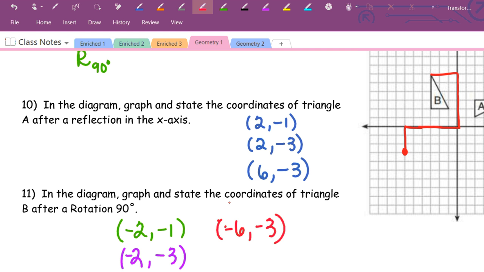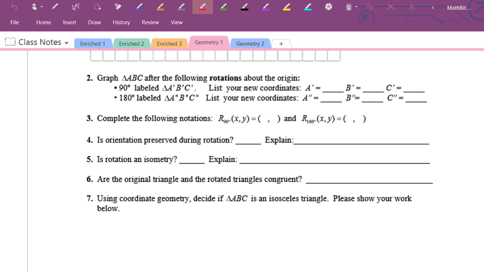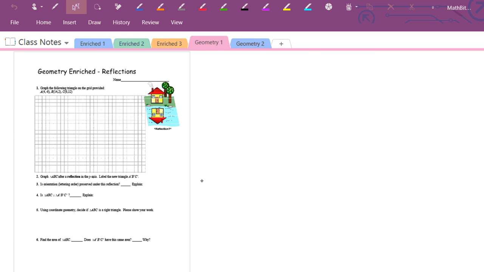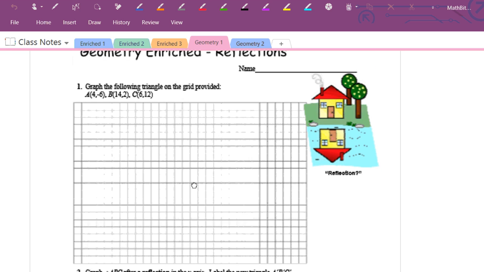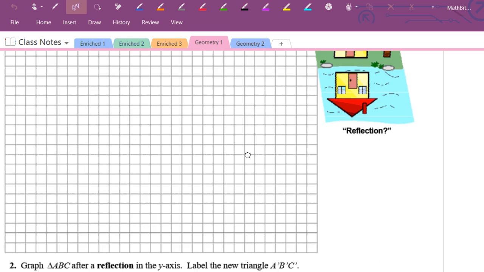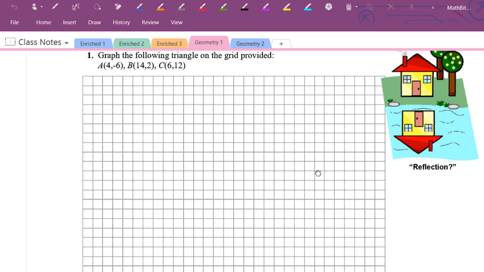Take a look at what's there and get started, please, on those very first questions. It should say reflections at the top. So you're going to be graphing that out, which means you have to label the axes. You're reflecting over the y-axis. I maybe want to make mine in the middle.